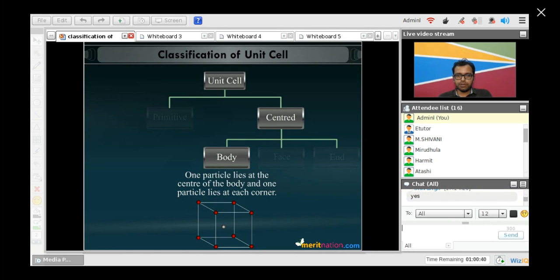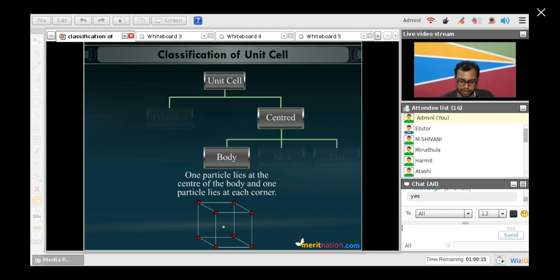Now, a body centered unit cell is one where atoms occupy the corner places. I will tell you what a face centered unit cell is as well. In the body centered unit cell, you will observe atoms at the corner positions, and there will be one atom at the center position as well. Here the atoms shown are not touching each other.